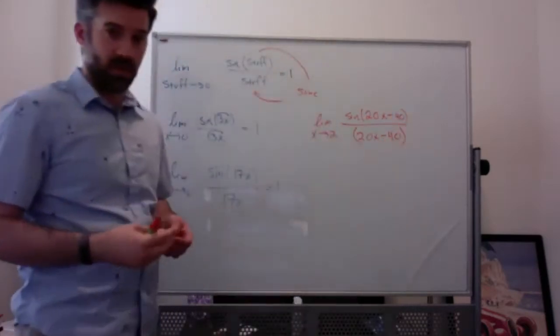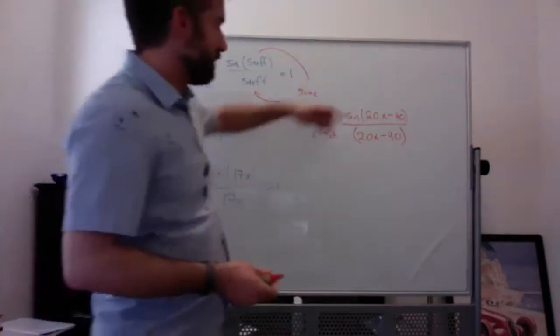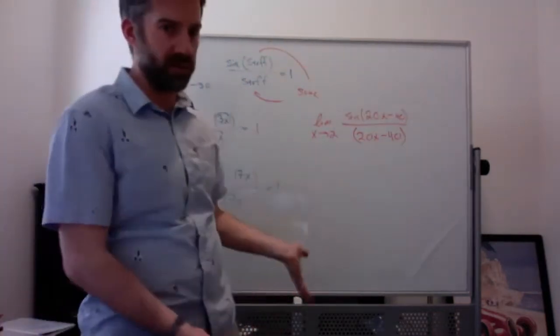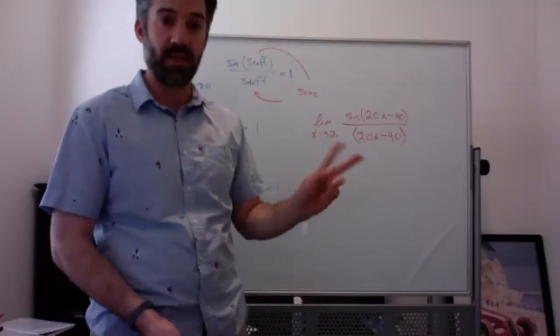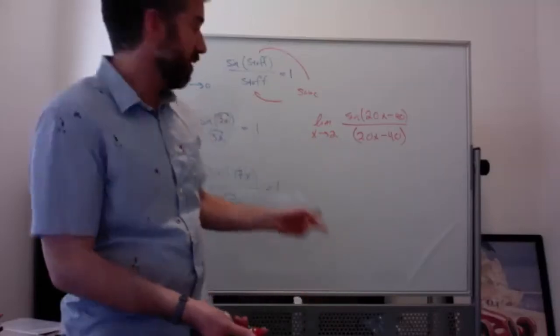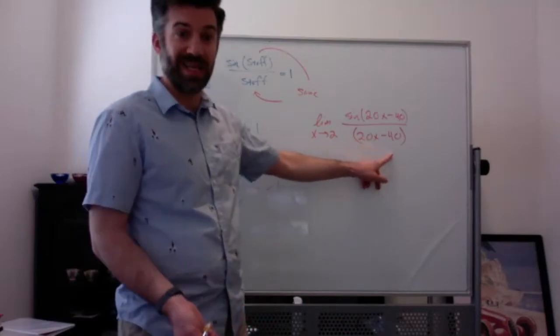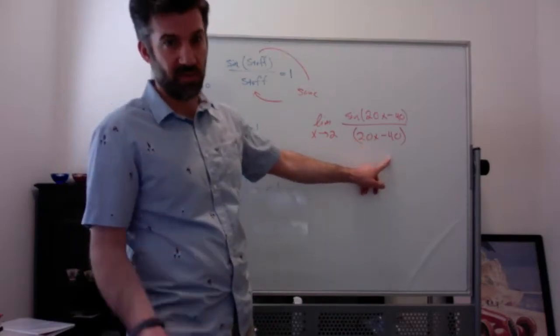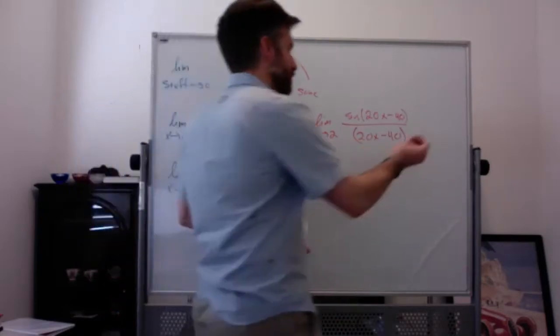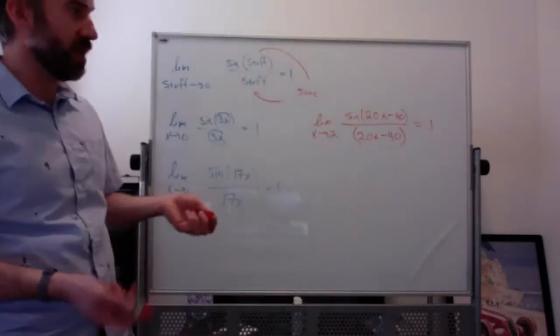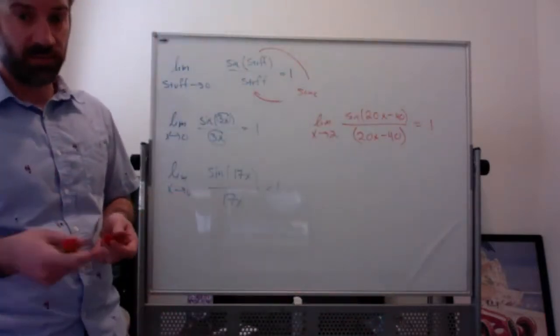So the things you have to look for are, is the stuff inside the sine function the same as the denominator? Clearly, yes. And the second important part is, are they both going to 0? Well, if x is going to 2, then 20 times x minus 40 is going to 0, because 20 times 2 minus 40 is 0. So this limit would also be 1, because you've got sine of some stuff over the same stuff, and the stuff is going to 0.